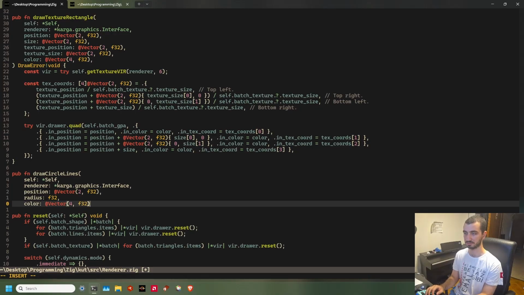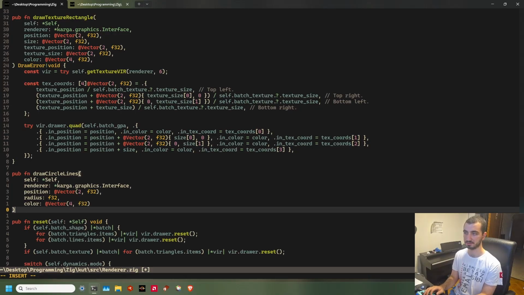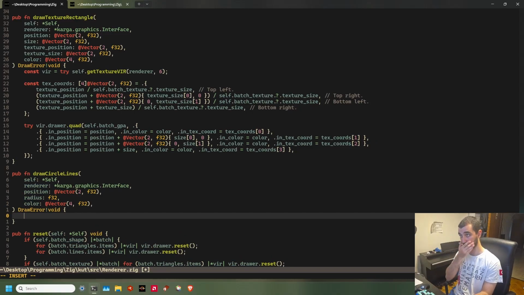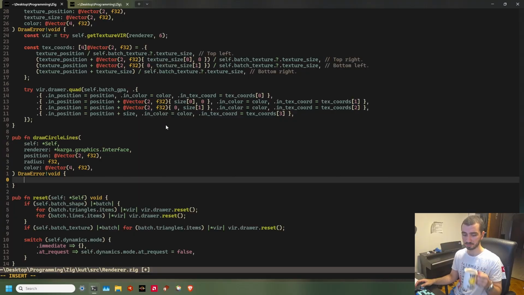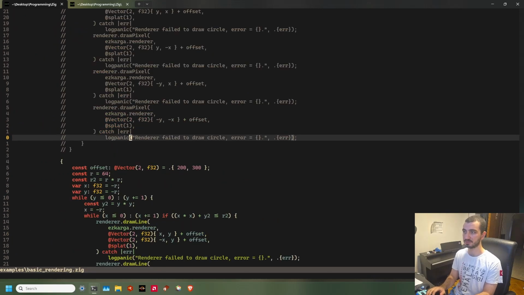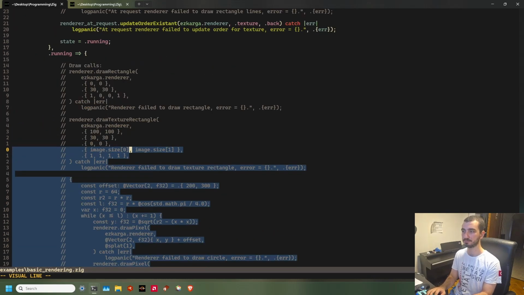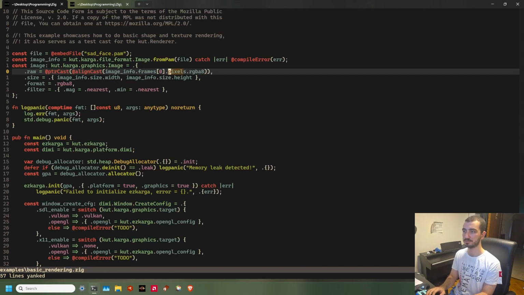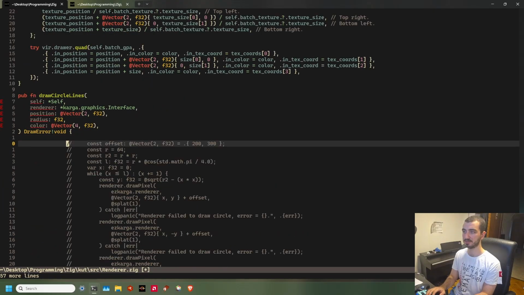And that's really it. It's going to have a draw error. You can return that, and it's going to return nothing. So let's just copy and paste this algorithm here.